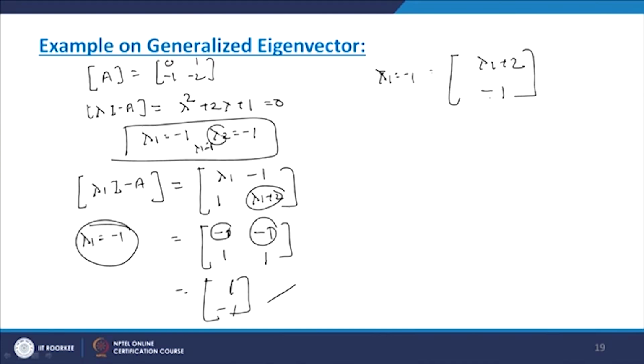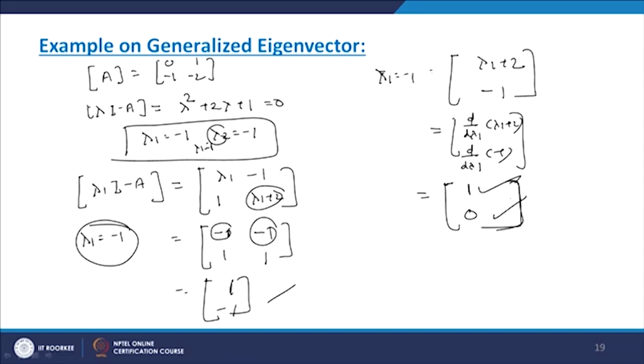Now, I will differentiate this equation, that is, differentiation with respect to lambda 1: lambda 1 plus 2 and the differentiation of the minus 1 entry. So if you differentiate it, here we will get 1 and this gets 0. So 1, 0 is the eigenvector for the second eigenvalue, and for the original eigenvalue lambda 1 equals minus 1, we have got the eigenvector as 1, minus 1.